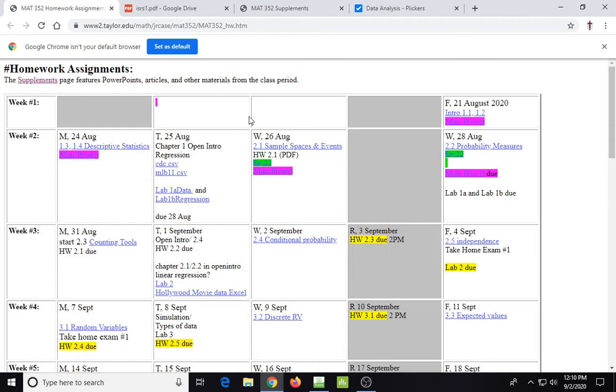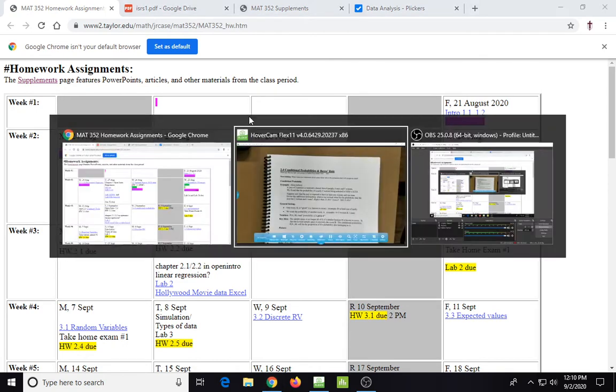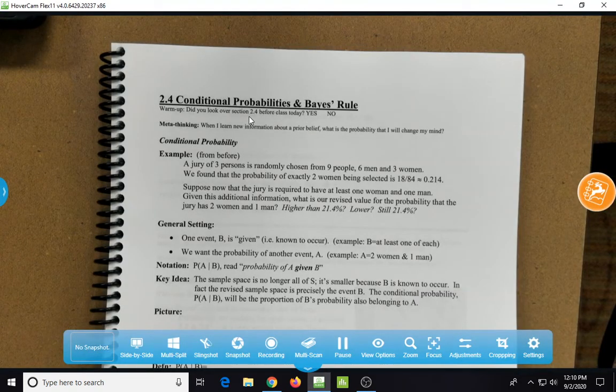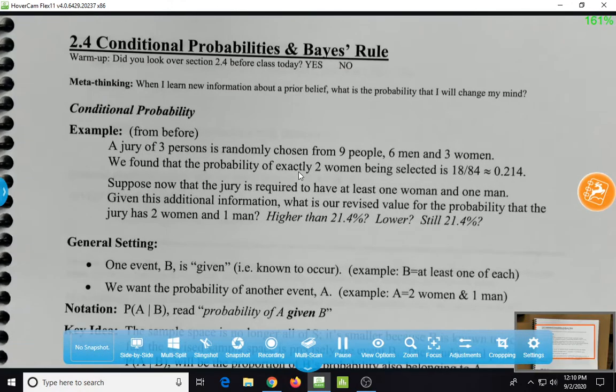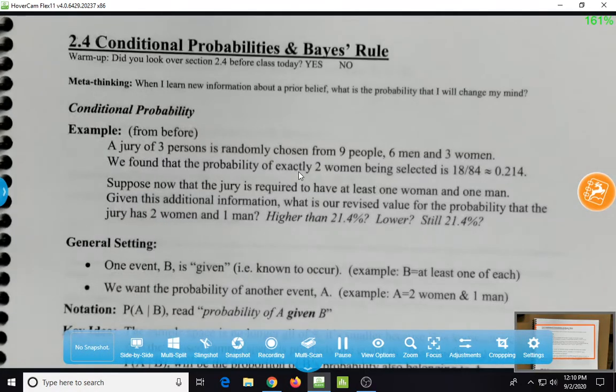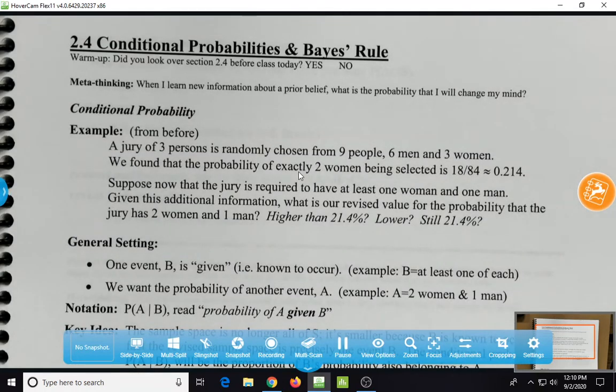So let's go ahead to section 2.4. And the big question here is another philosophical question that we have. Did you look over section 2.4? You should circle that, yes or no, whether you did that or not in preparation. Remember, you have some expectations for me, I have some expectations for you.